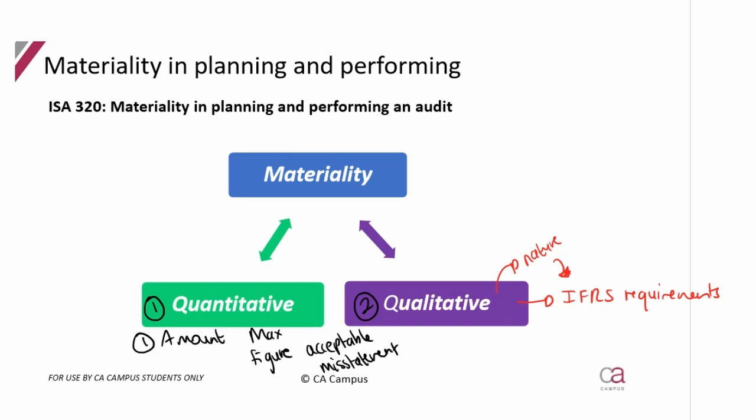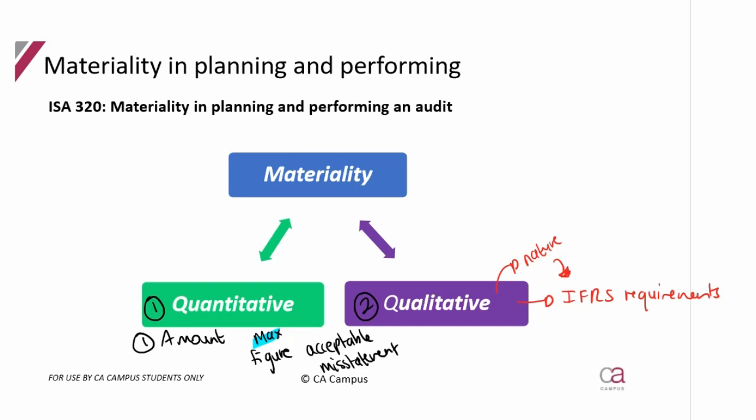So qualitative, guys, it's going to be as simple as this is what IFRS says, this is what they've done, here's the difference, there's a qualitative material misstatement. Quantitative, it's all about the amount, but we've said here there's a max amount that is acceptable.